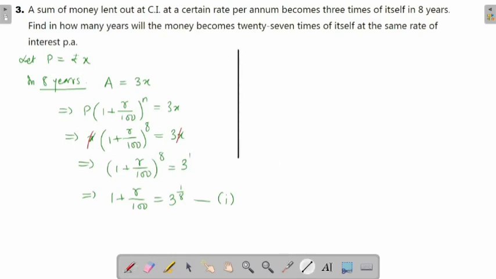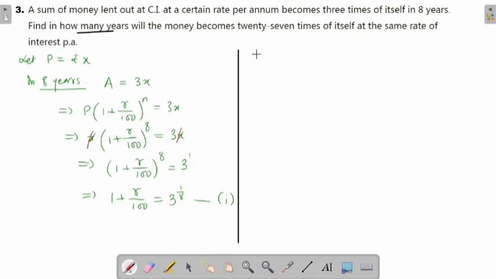So let's see another case now. The next part asks in how many years. Let's see the second part: in how many years will the money become 27 times of itself at the same rate of interest?